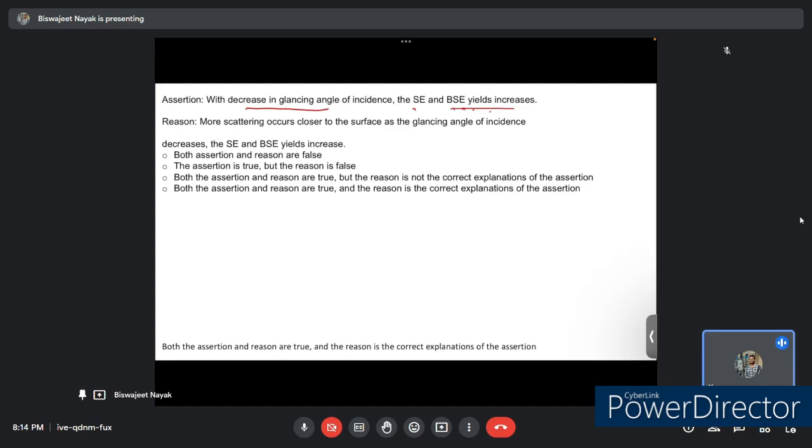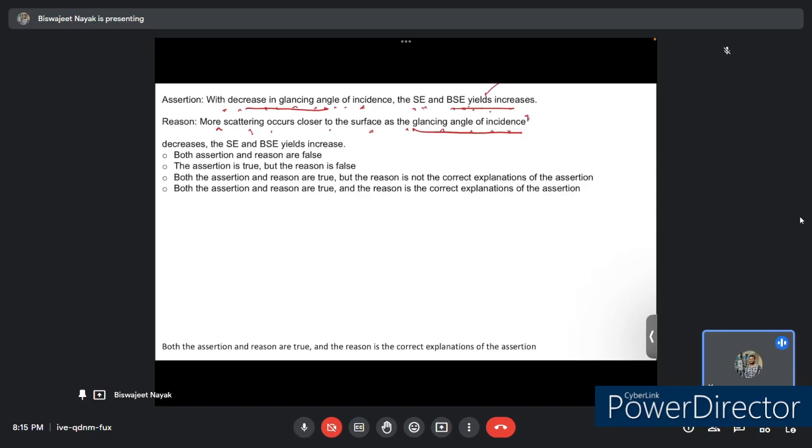This is the assertion, and the reason given is that more scattering occurs closer to the surface as the glancing angle of incidence decreases. When the beam comes near the surface of the specimen, we are reducing the angle of incidence, so more scattering happens at the surface, and because of that the yield of secondary electrons and backscattered electrons increases. So the first statement is correct, and the reason statement is also correct.